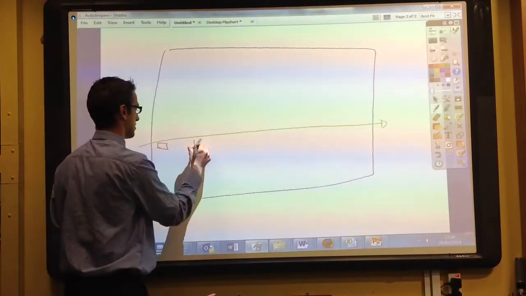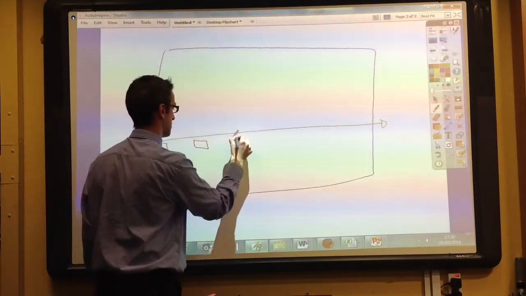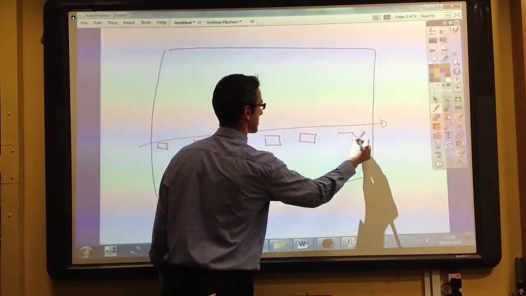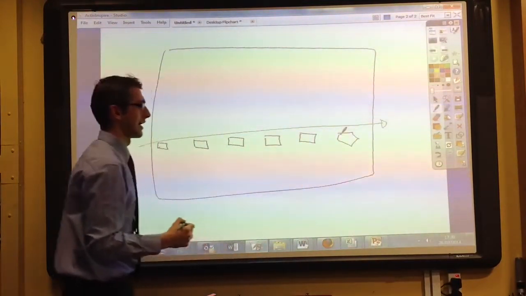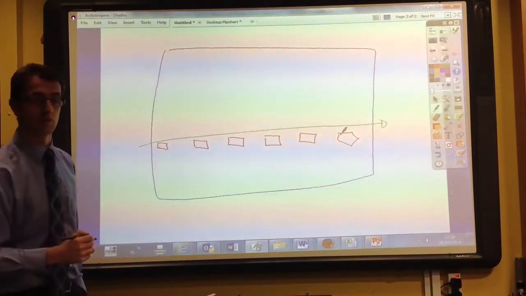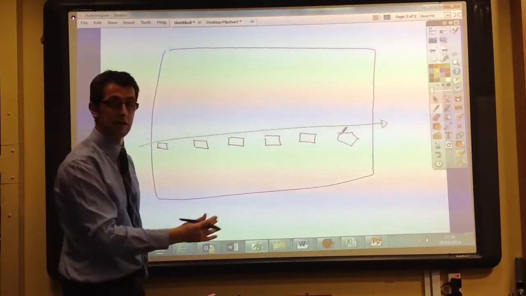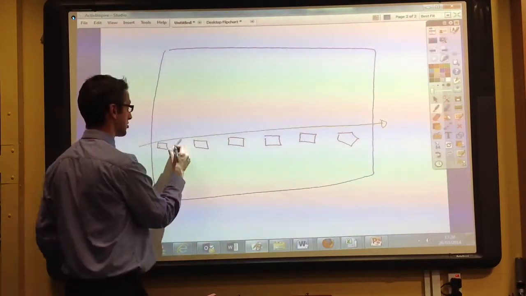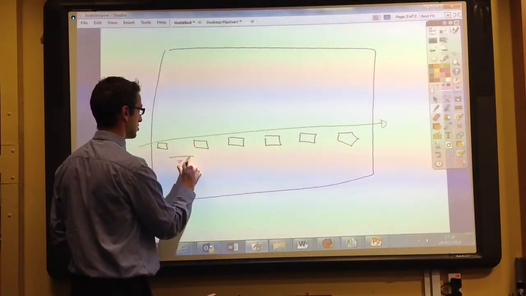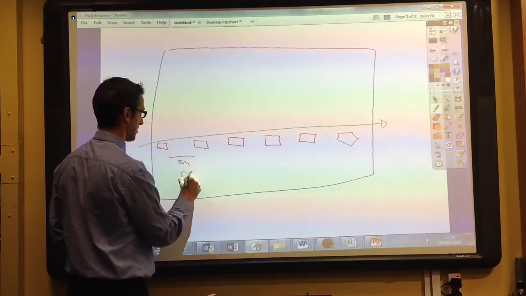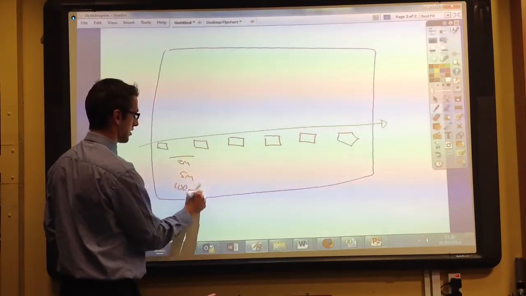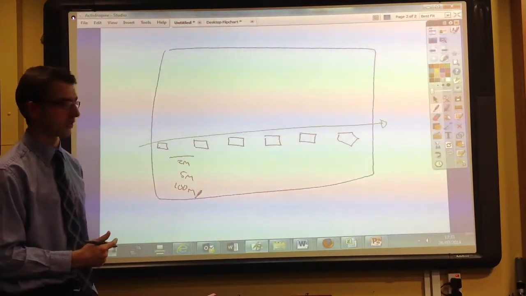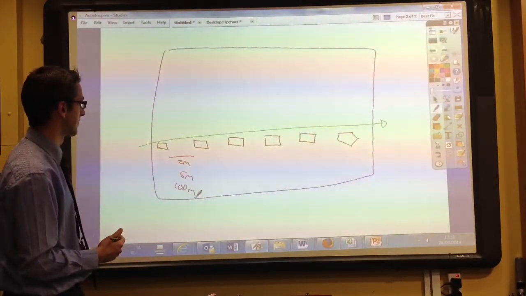These can be spaced at any interval you choose, and it's dependent upon the size of area that we're working in, how long we've got to do it. So it may be that they are at 2 metre intervals, or they could be at 5 metre, or they could be at 100 metre intervals. It just depends on what it is you're trying to achieve and the size area that you're working within.